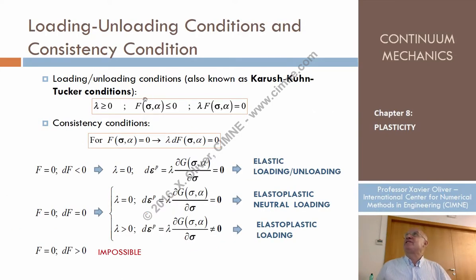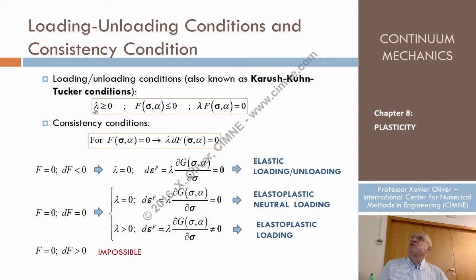So, next step. That is maybe a little different from what we did, a generalization of what we did in 1D cases. These are conditions to define when the point is loading or unloading. These conditions, in fact, are quite related to another completely different discipline, which is optimization.